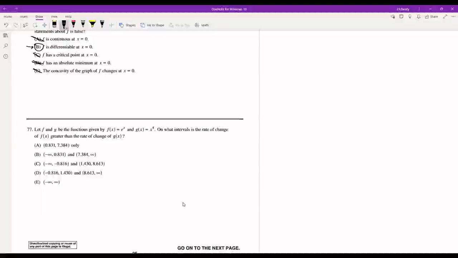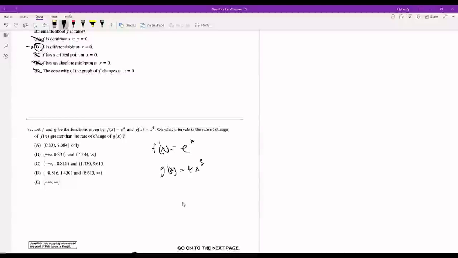And so, I think the easiest way to do this is just to graph the derivatives of each of these. So, f prime of x equals e to the x, and g prime equals 4x cubed.